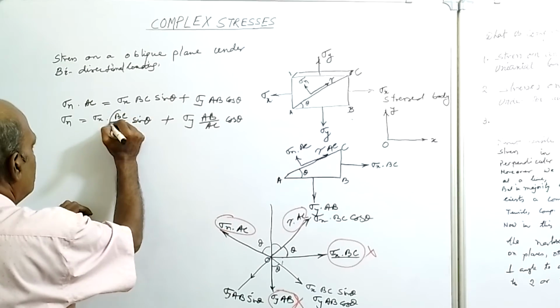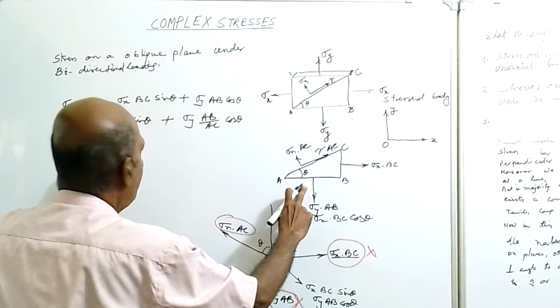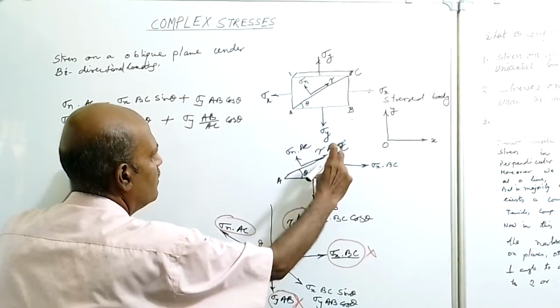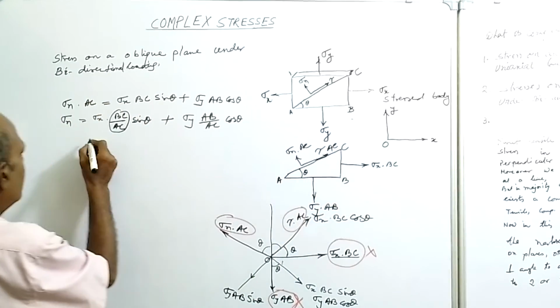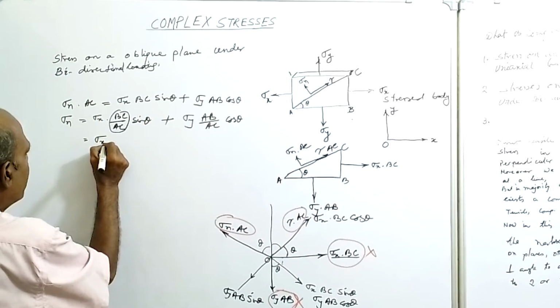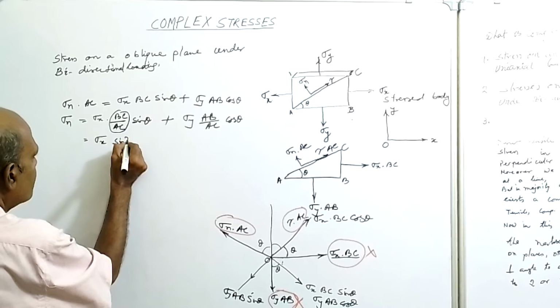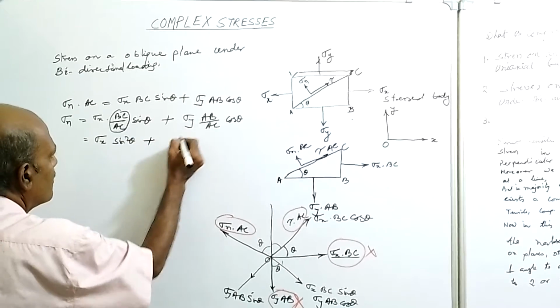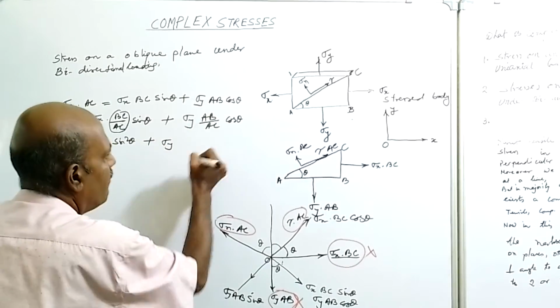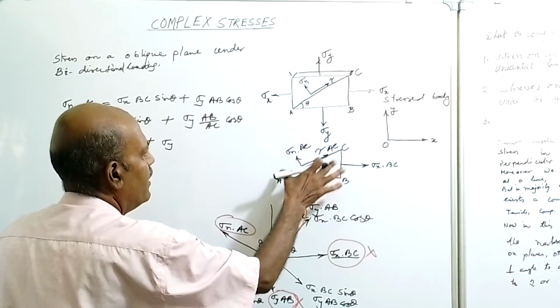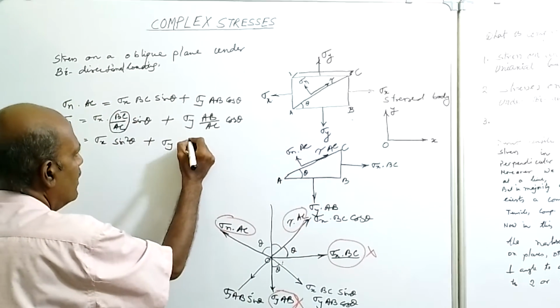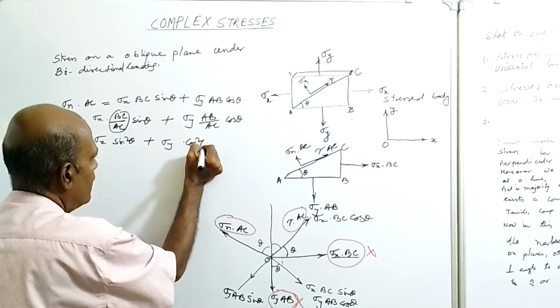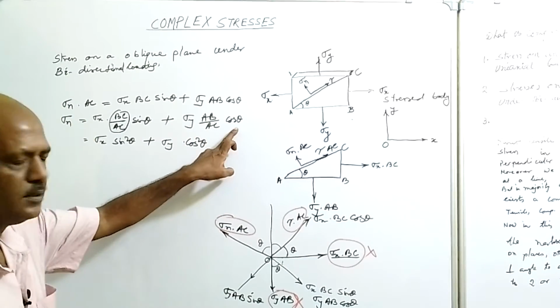Now what is the ratio BC by AC? BC by AC is sin theta. So we can write sigma x into sin square theta plus sigma y into AB by AC, that is base by hypotenuse, equal to cos theta. So we can write cos theta into cos theta, cos square theta.